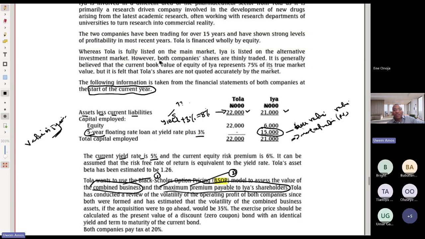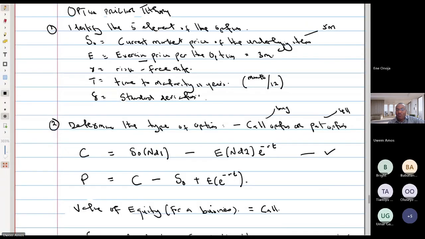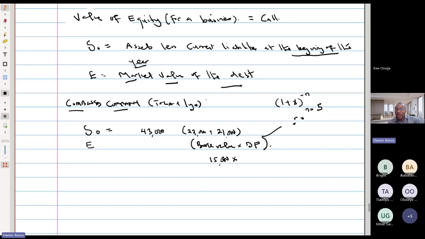So can we calculate our discount factor now that we have R and we have N? The yield of 5 plus 3 is 8%. So our discount factor will basically be 1 plus 0.08 raised to the power of minus 5. Okay, so what do we have as that?